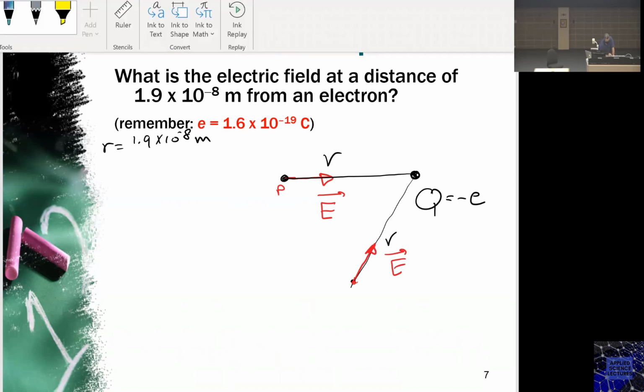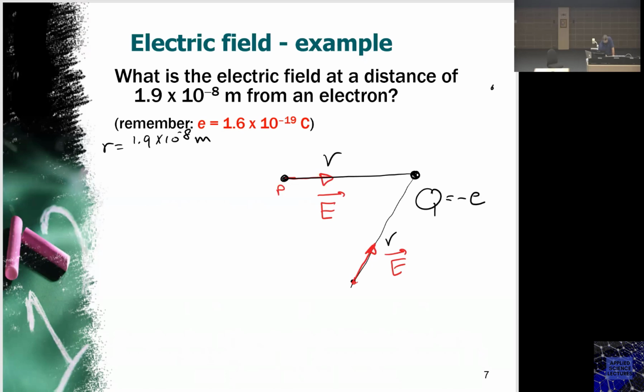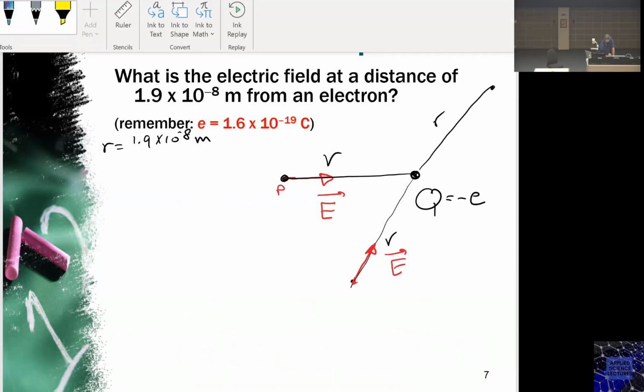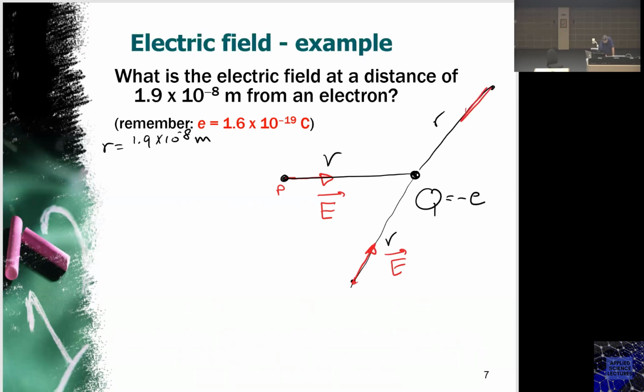Same thing if you look at a point that is at a distance R from here. Again, the electric field will be pointing toward this capital Q.